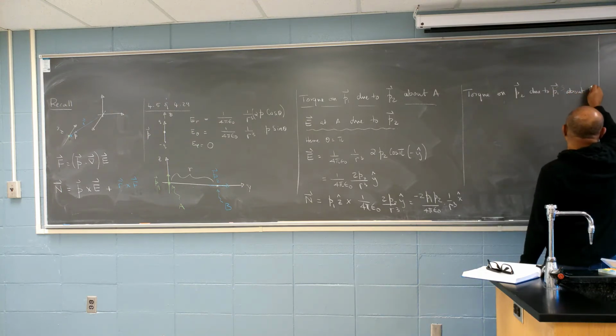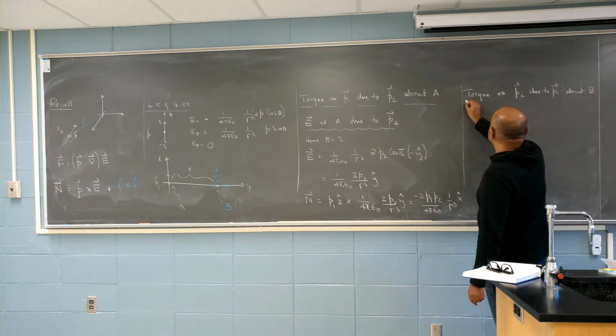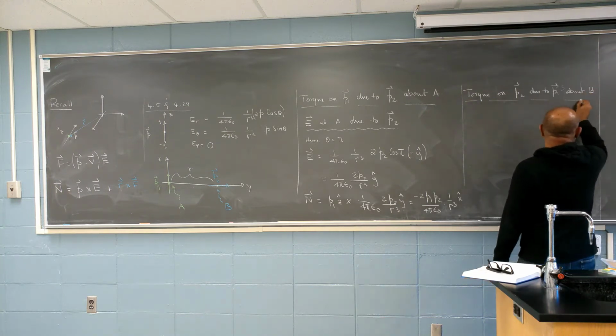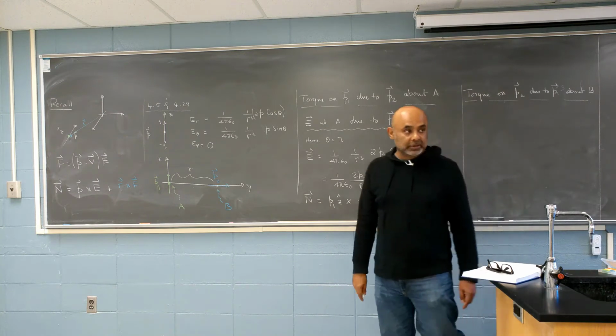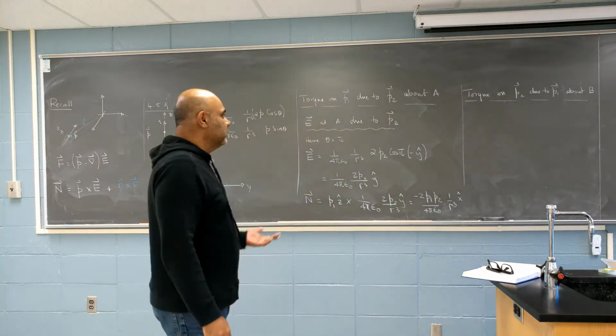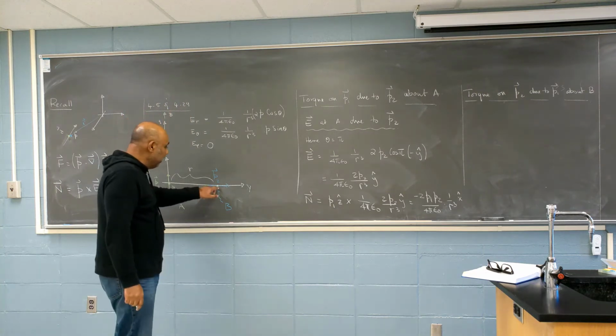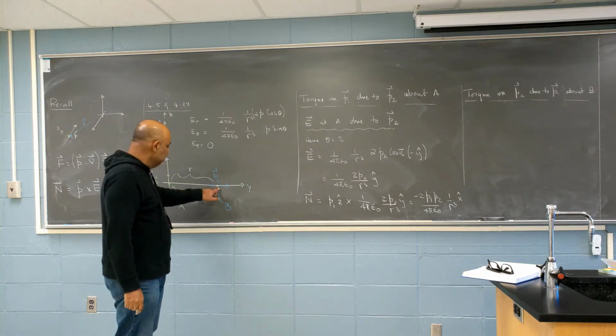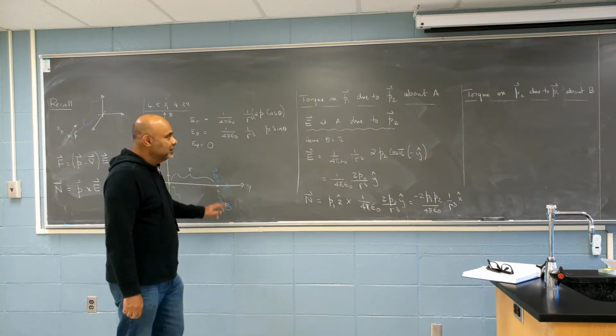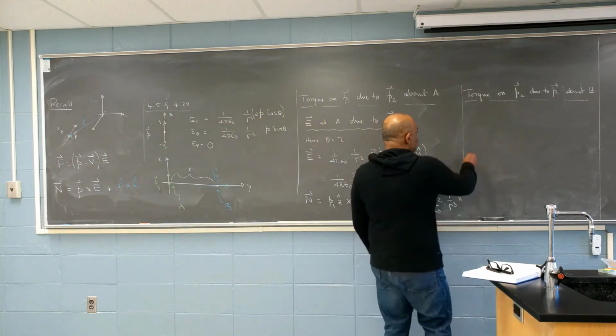Don't worry, I will not keep you from the pleasure of changing origins either. But let's do this very quickly. So I'm computing torque about this point on this guy. So I need the electric field here. That's all that matters. In this case, theta equals what?